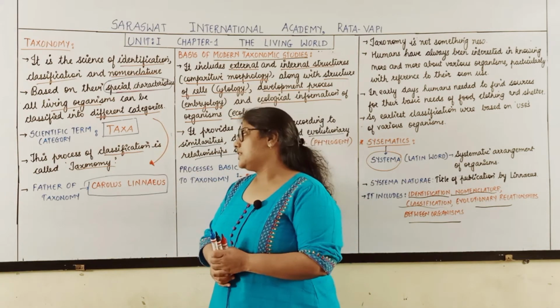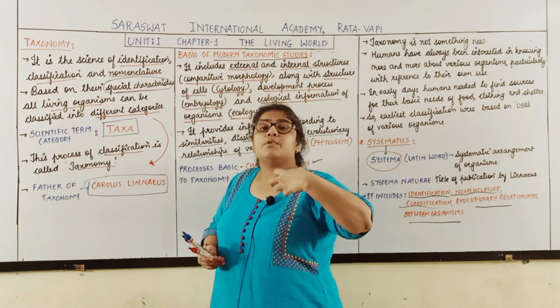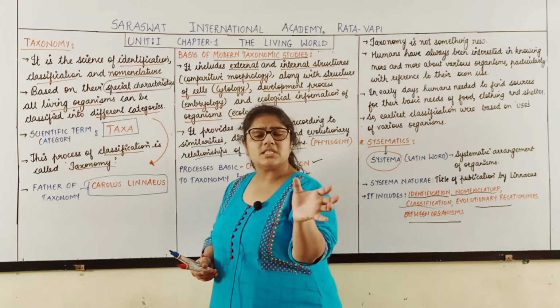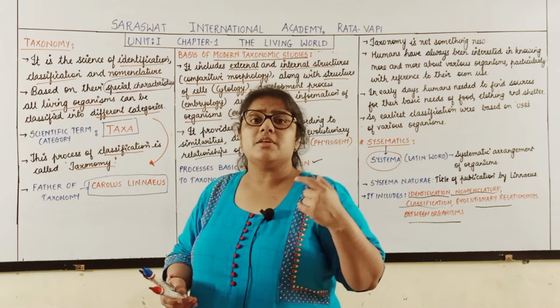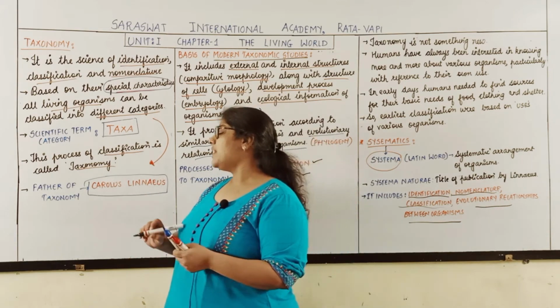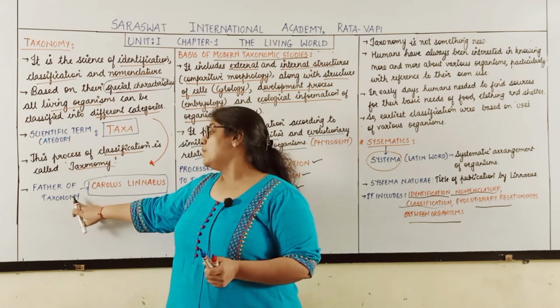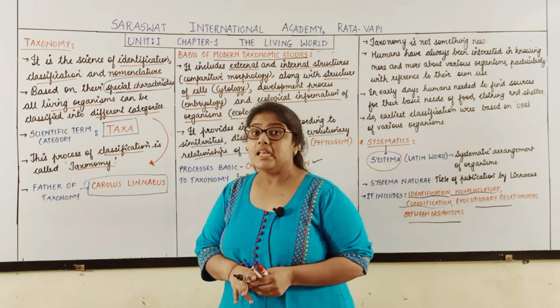It is called taxonomy. Thus, we can say that the process of dividing the organisms into different categories on the basis of characters is called taxonomy. Very important. Who is known as the father of taxonomy? He is Carolus Linnaeus.